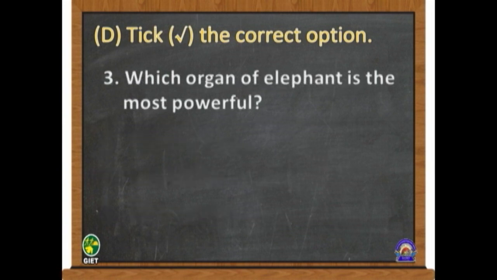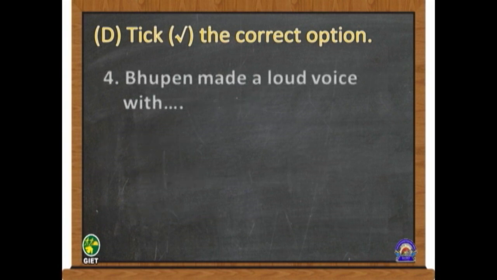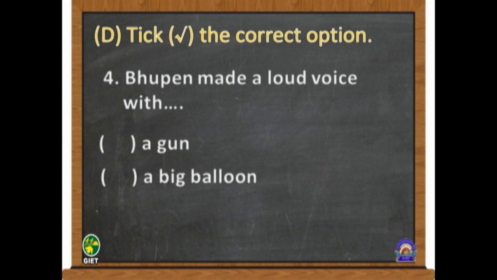Third, which organ of elephant is the most powerful? Options: trunk, tongue or nose. Yes, trunk. Fourth, Bhupen made a loud voice with a gun, a big balloon or a paper bag.